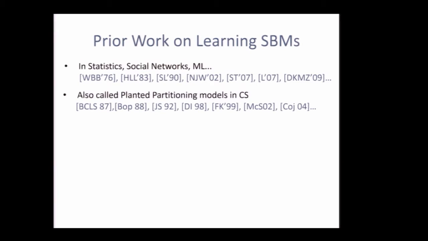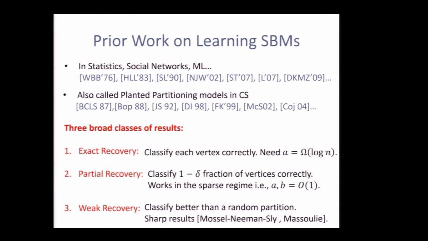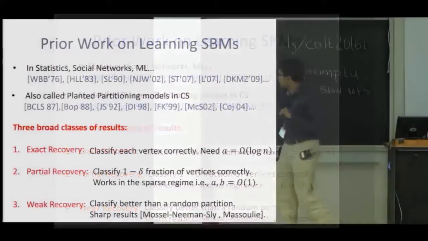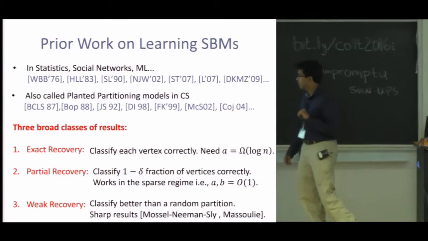There's a lot of work on learning stochastic block models, including in this particular session, and this is in statistics and machine learning, and these are called planted partitioning models in theoretical computer science. There are three broad classes of results. The first is exact recovery, where you want to find all the communities exactly, and typically you need the average degree to be logarithmic in n.